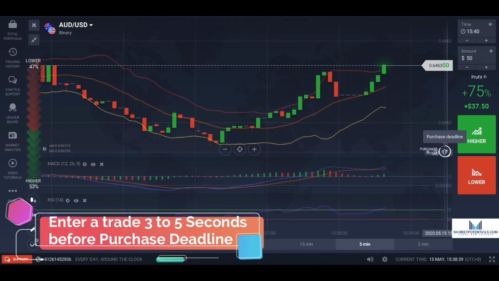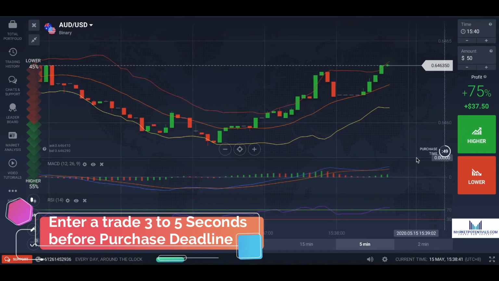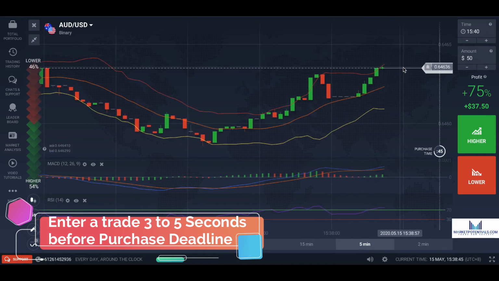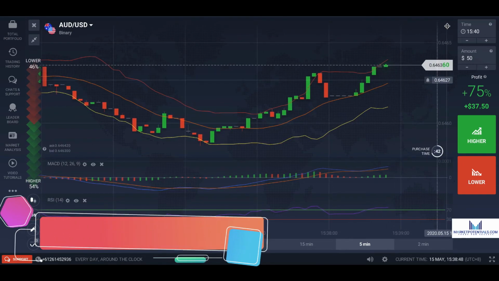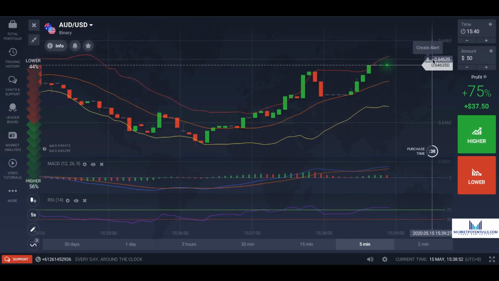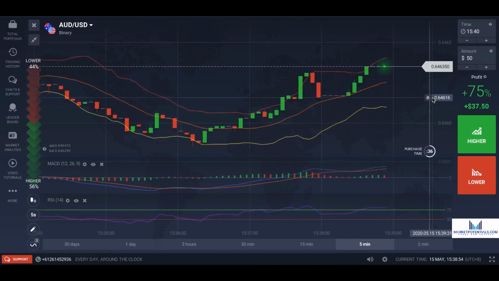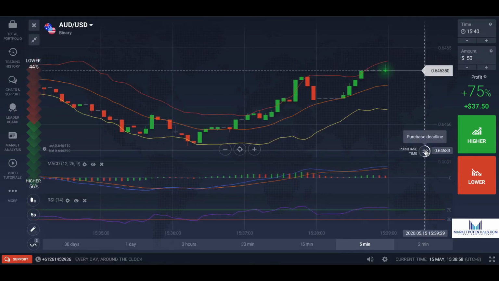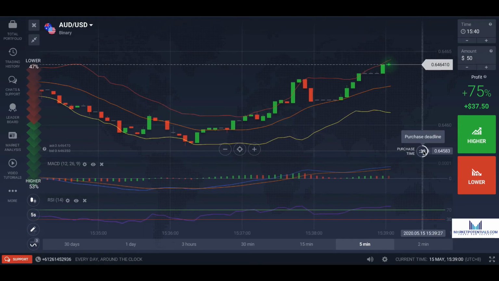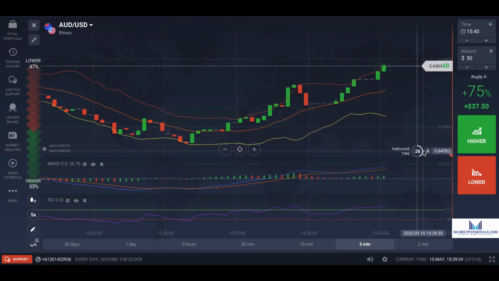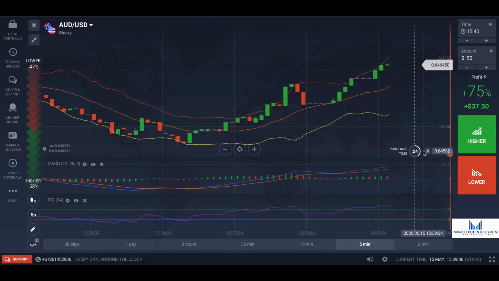I've got like a minute to the purchase deadline, but I would never do that. Why? Because if I initiate the position now, I have no idea what's going to happen in the next 40 seconds to the purchase deadline here, which means that I'm assuming all of that risk, which is just crazy. I would never do that, and I certainly don't advise you do that too. So always make your decisions very, very close to the purchase deadline. Typically 5 seconds or less, than 10 if the indicators look good.